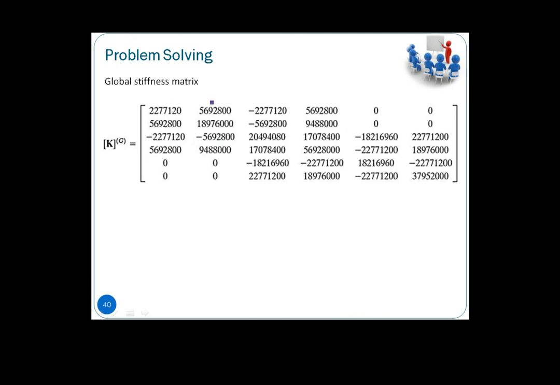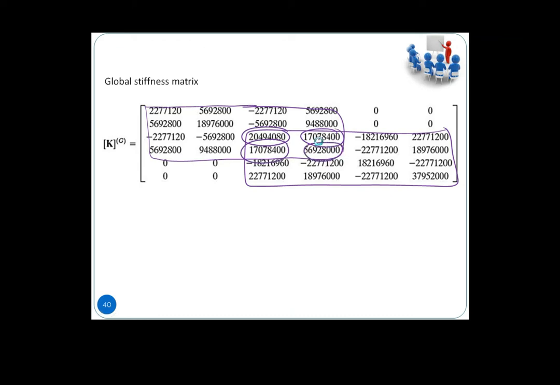So here, the first 4 is our element number 1. Here is our element number 2. So basically, this is where we add up the 2 parts.